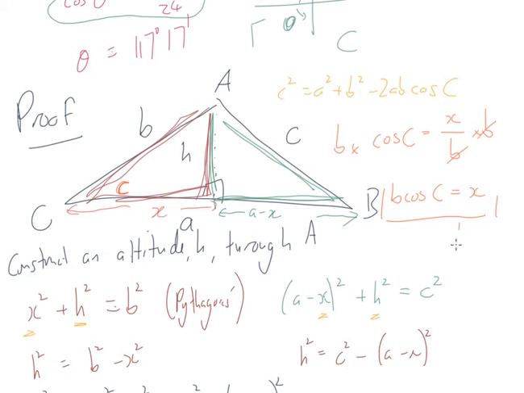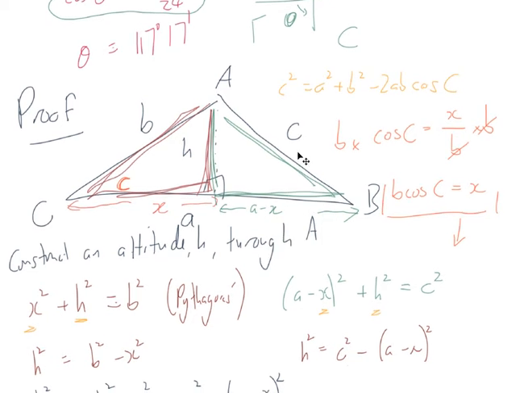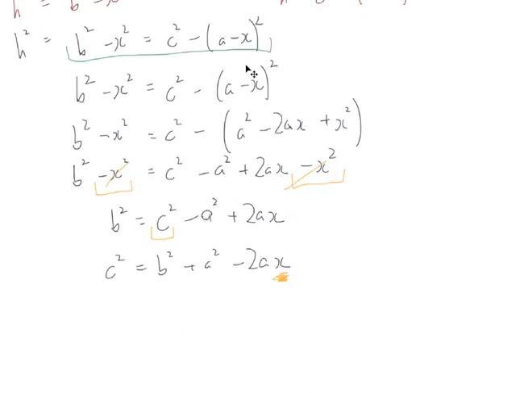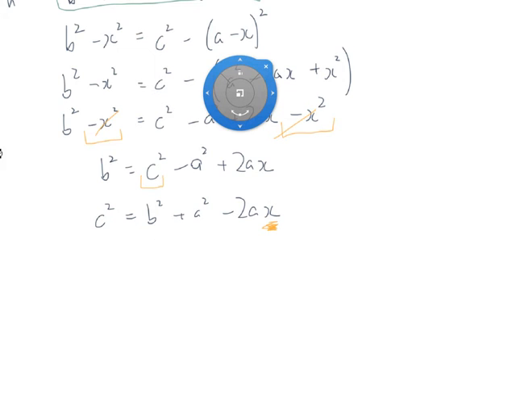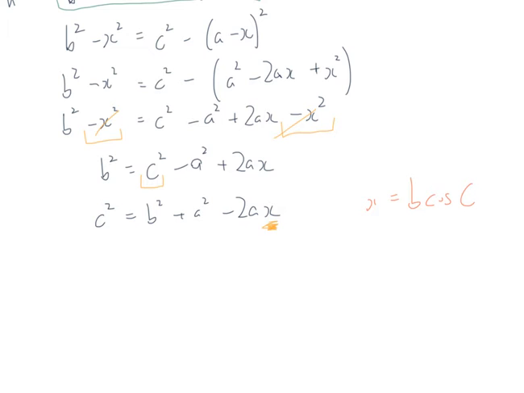I'm going to substitute that back in down the bottom. So x is b cos c. Write that down again so I don't forget: x is b cos c, and I'll get c squared equals a squared plus b squared, in alphabetical order, minus 2ab cos c.